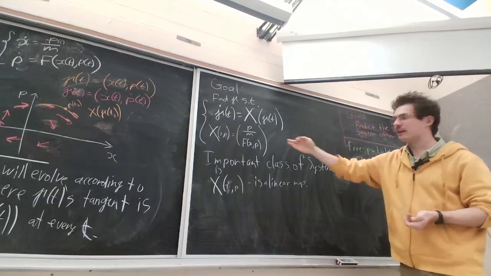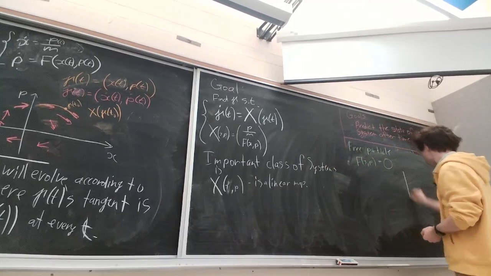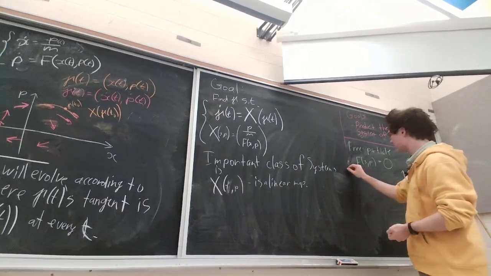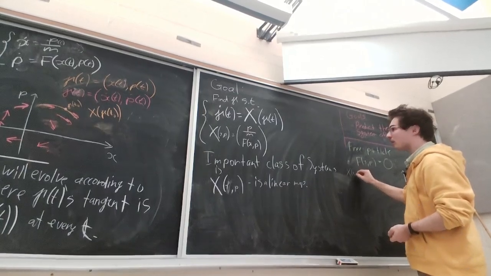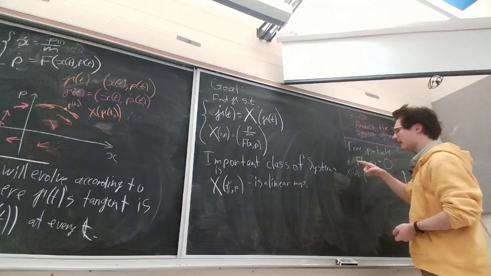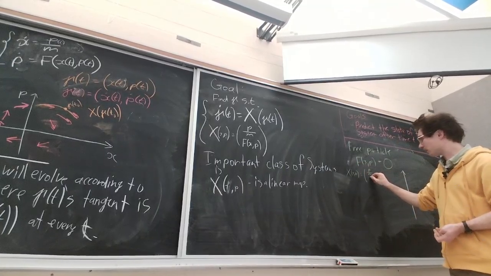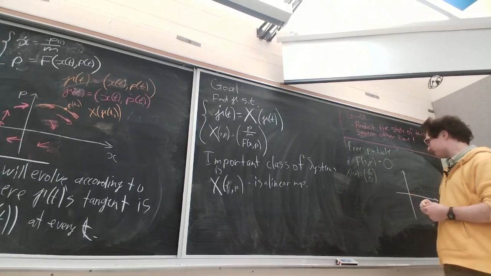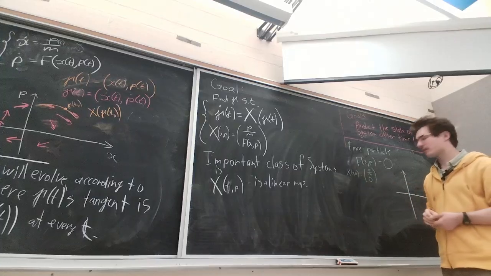So let's write down what this vector field is, and then let's draw it. The vector field at every point is X. So X of x comma p is what? It's p over m, and then what? Which is? Okay, thank you. Good. Actually, is this a linear map?